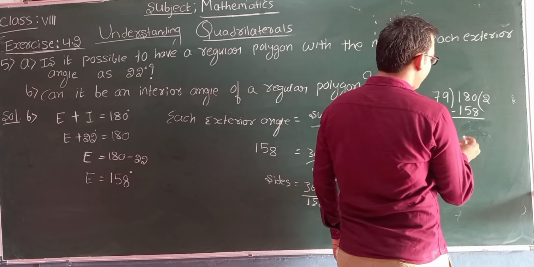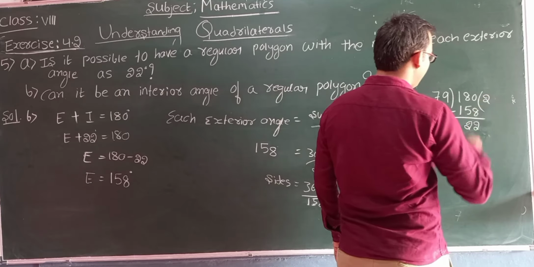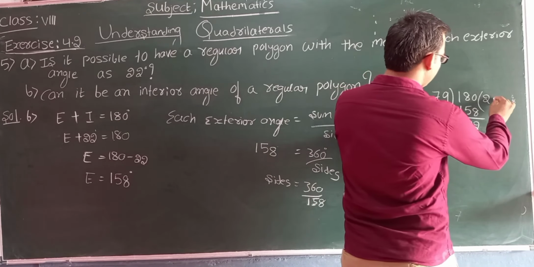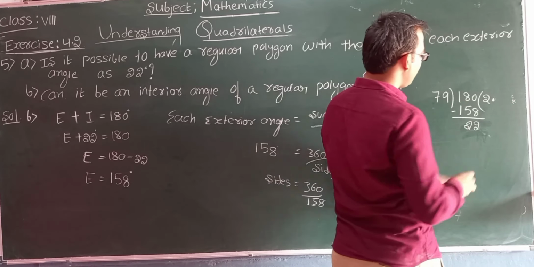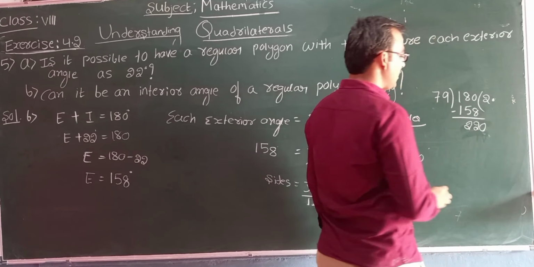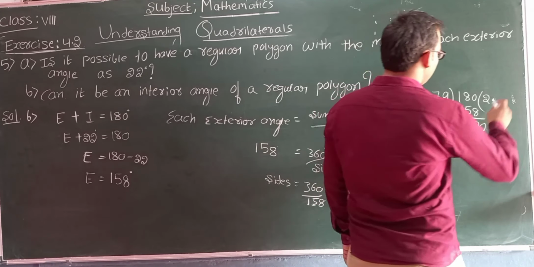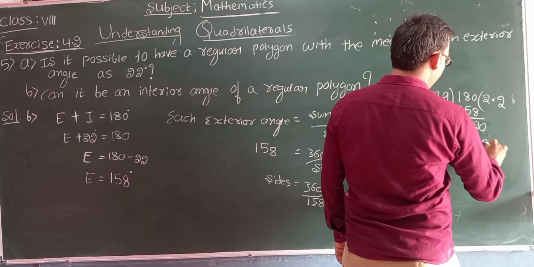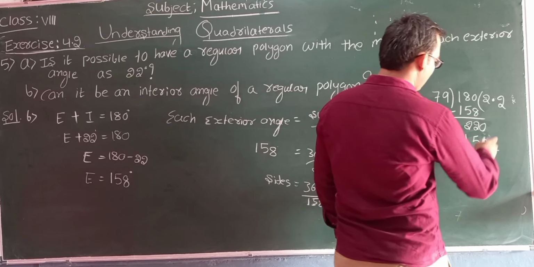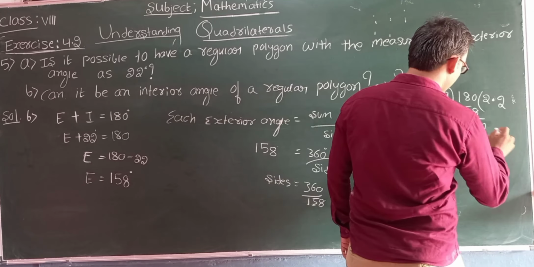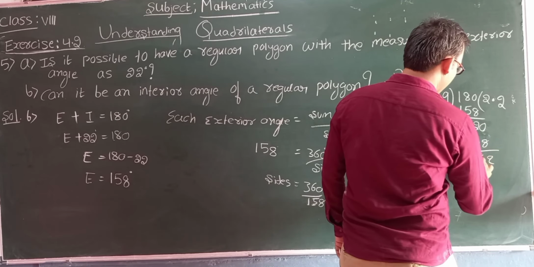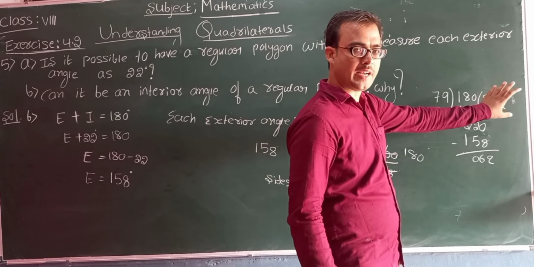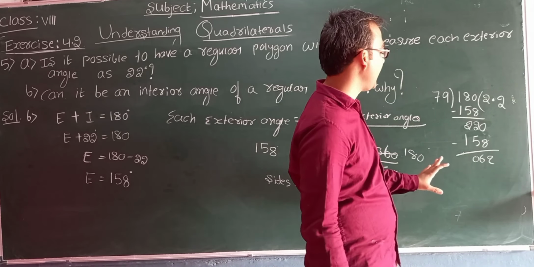So 180 minus 158 is 22. Now again it cannot go this low, so take a point and 0 here. Again 79 2s are 158. Students, here also we are not getting the exact number.